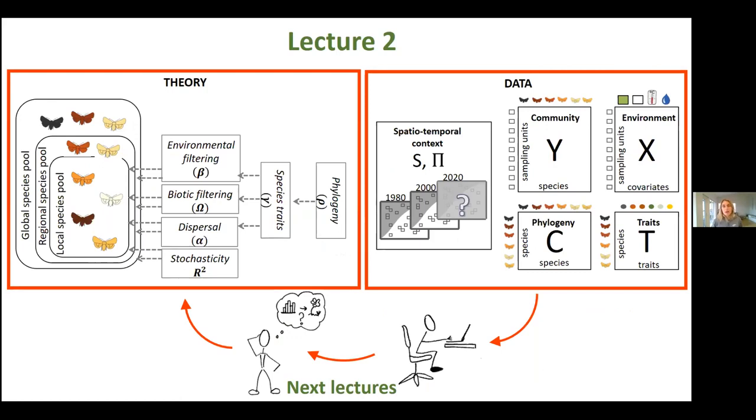And to summarize, in my lecture, I have explained how HMSC relates to theory. I have very briefly introduced how different HMSC parameters and outputs can be related to ecological theory. And I have introduced also what kind of data you can include in HMSC.